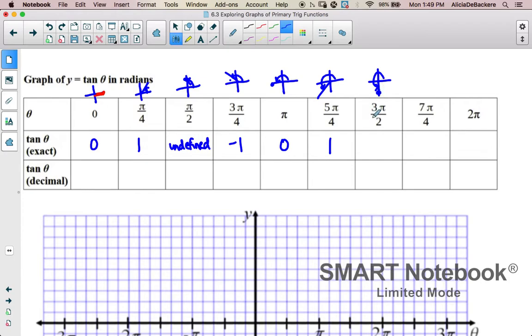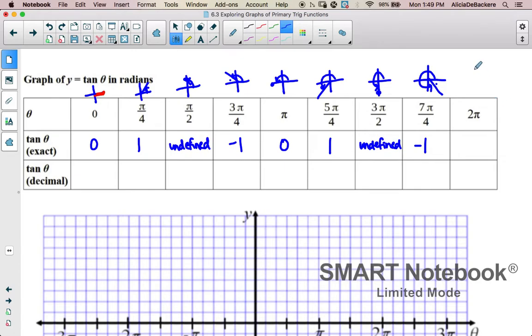So when I do -1 divided by 0 for my opposite over adjacent, I get undefined. Then 7 pi by 4, going 7/8 around the circle. My related acute angle is again pi by 4, so I know that the value is 1, but I'm in the C quadrant, so it's -1 because I'm looking at tan.